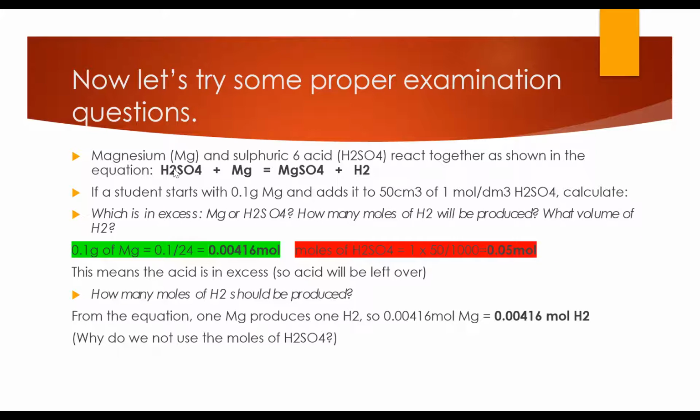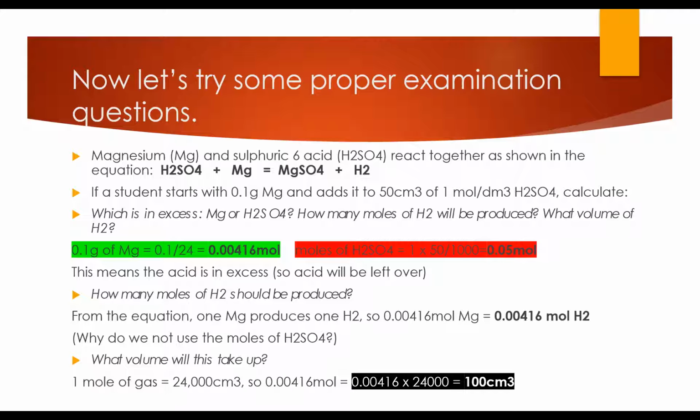They react 1 to 1, so there is about 11 times as much H2SO4 as magnesium, and most of the H2SO4 will not react. So what volume will the hydrogen be? Well, we've said that it is 0.00416 moles.